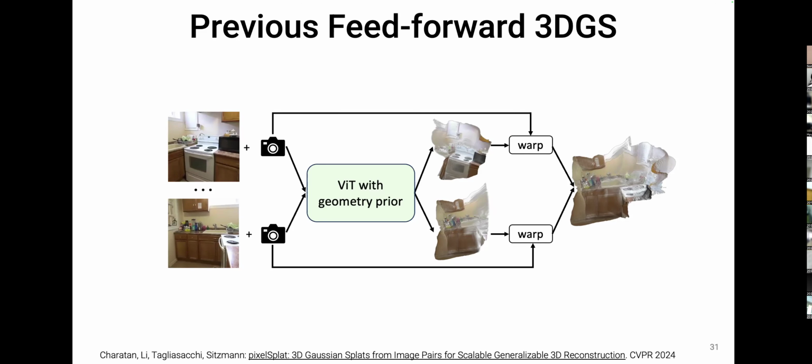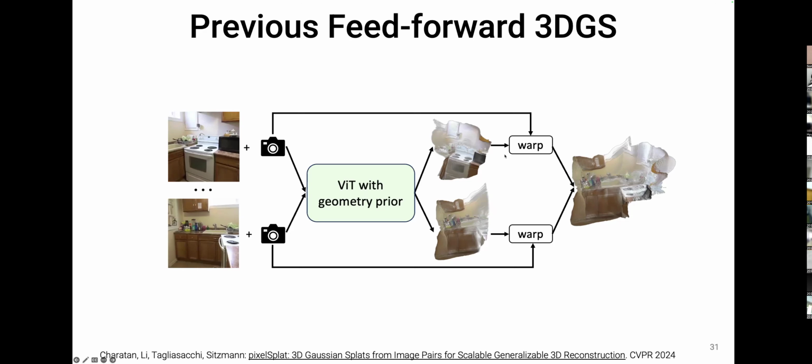Then in NVSplat or DepthSplat, the camera poses are used to construct the cost volume. So that's one place where the camera is used. Another place is that when you have the Gaussians from each view, you want to warp the Gaussians to the canonical frame using the camera poses, to get the so-called Gaussians in the canonical space.